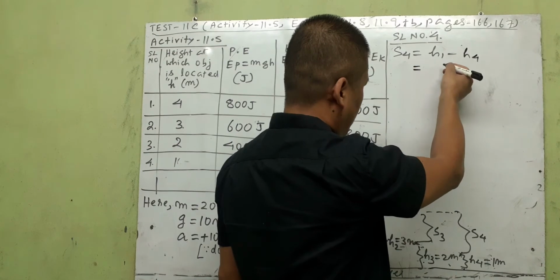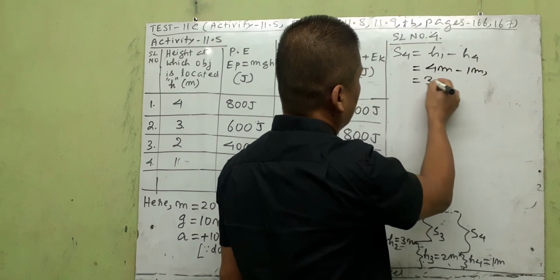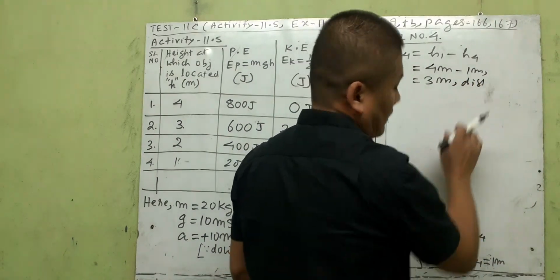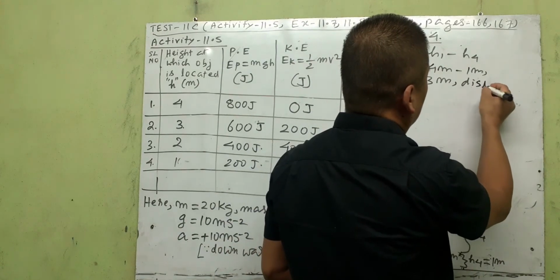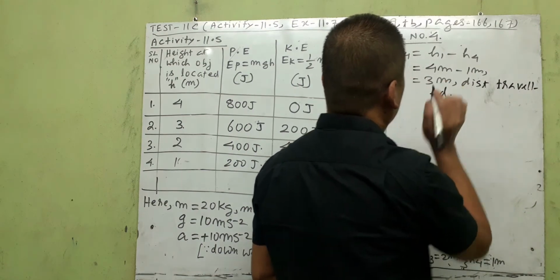So that is H1, 4 meter, minus 1 meter, which is equal to 3 meter, the distance traveled in the fourth case.